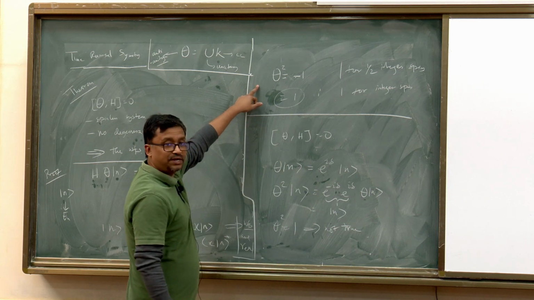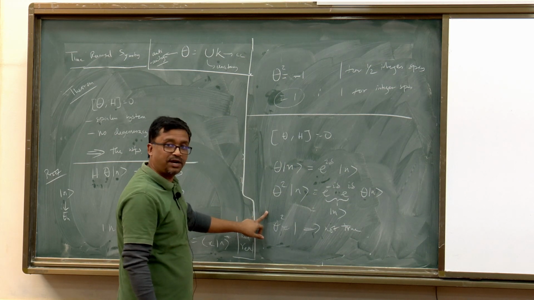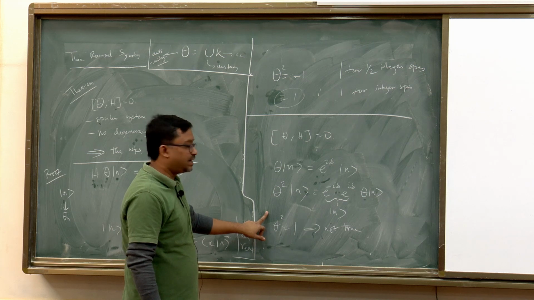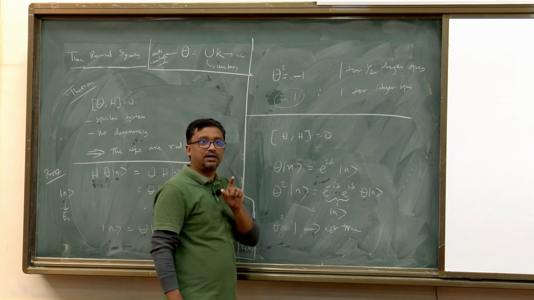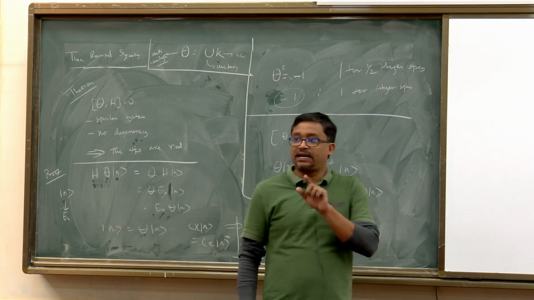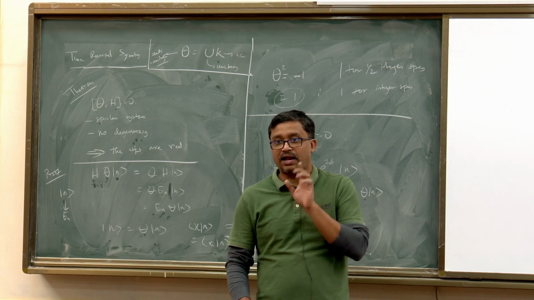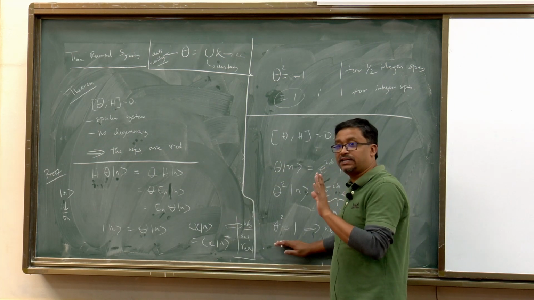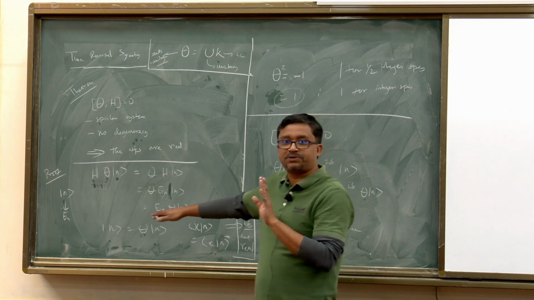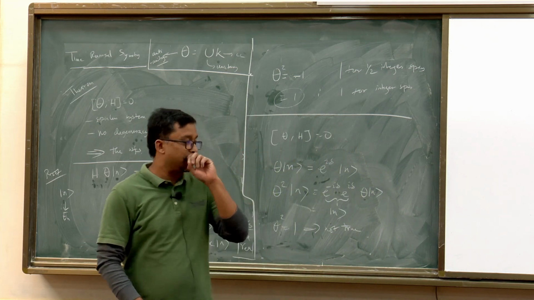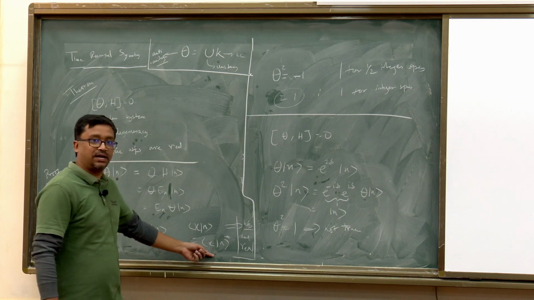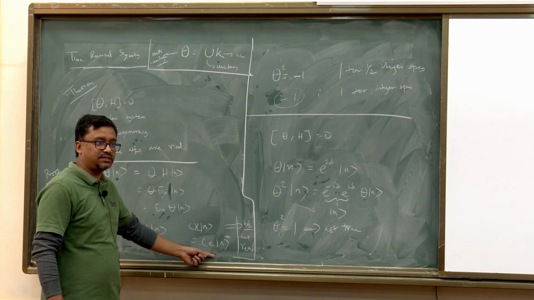So, for half integer spin, if we follow the same derivation, the only choice you have is that n and theta n are degenerate. Unlike the spinless case, where we said they cannot be degenerate and so they have to be the same, which gave us real eigenfunctions.